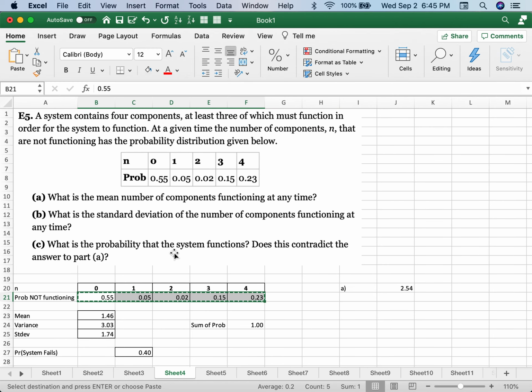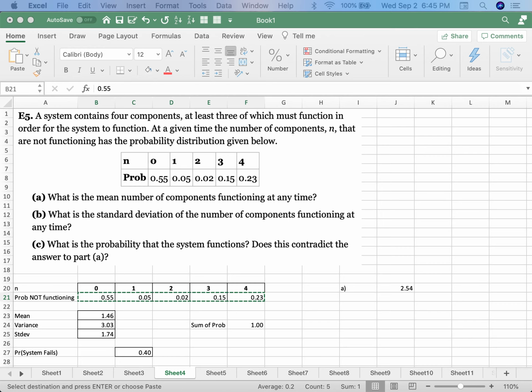What is the probability that the system functions? Well, the probability that the system functions, it functions so long as the number of failed components is 1 or less. So it only functions if there are 0 or 1 that have failed.